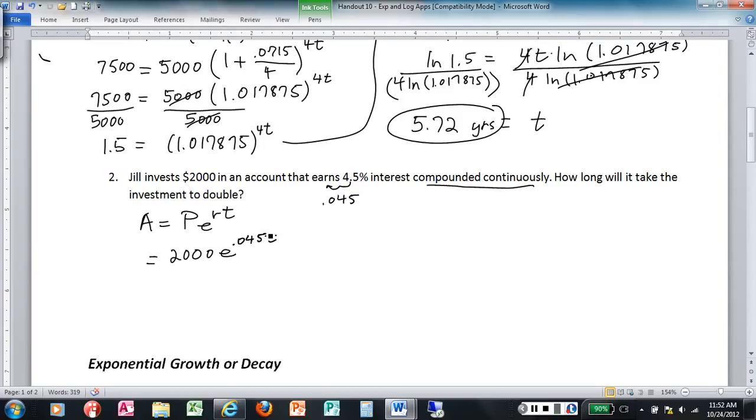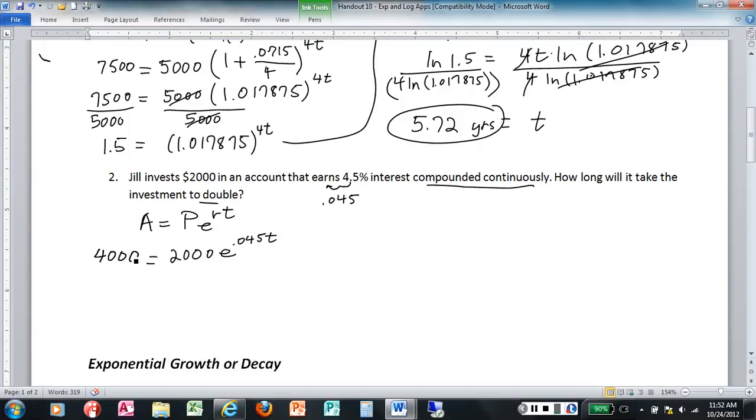How long will it take? So that leaves us again with A. Well, we want our investment to double, so the future amount would be double what we started with, the 2,000. So double 2,000, you got 4,000. So A here is 4,000. So this is what our formula is to work on number 2 here.